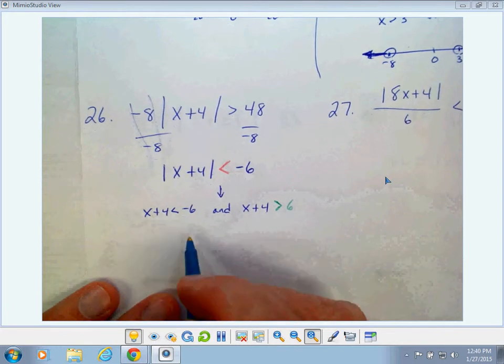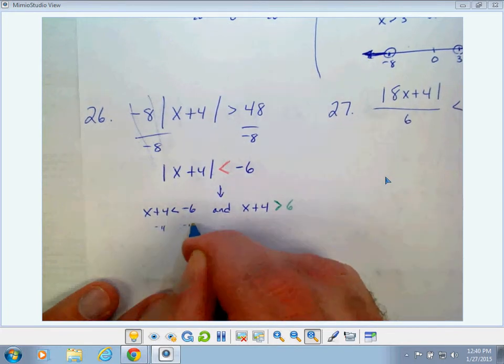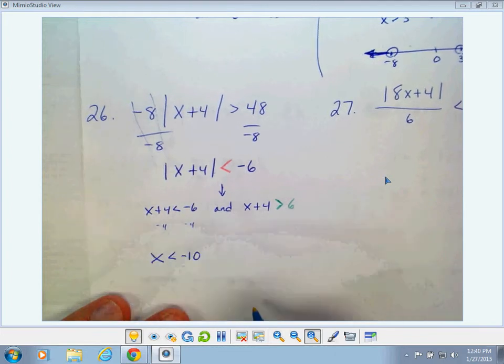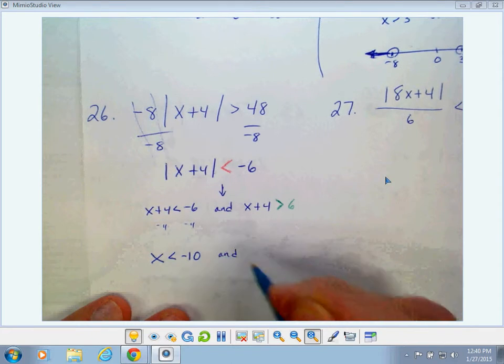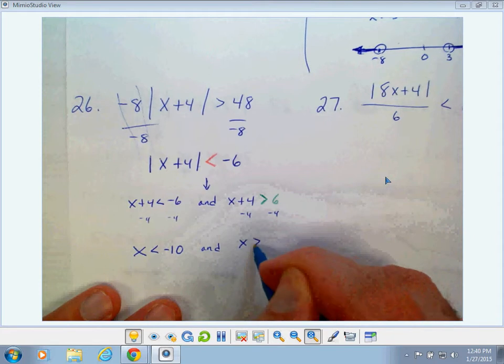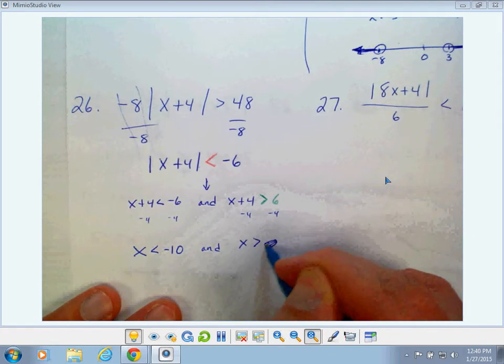So if we look at this one, we'll subtract the 4. This is going to be x less than negative 10, and over on the other side, subtract 4, x greater than 2.